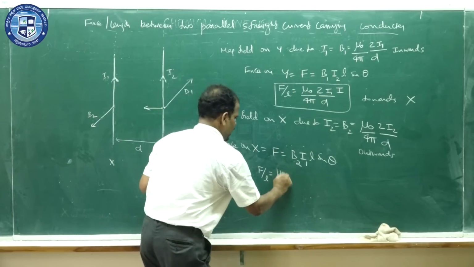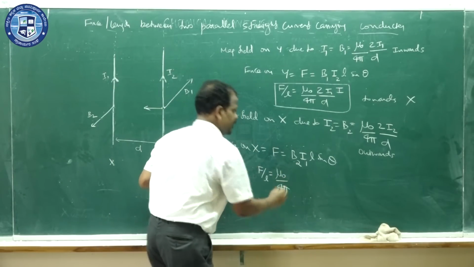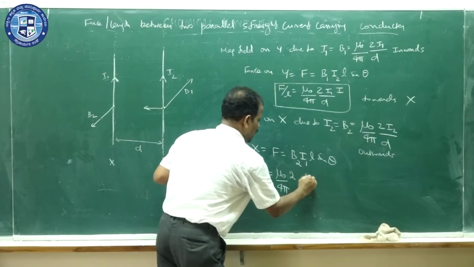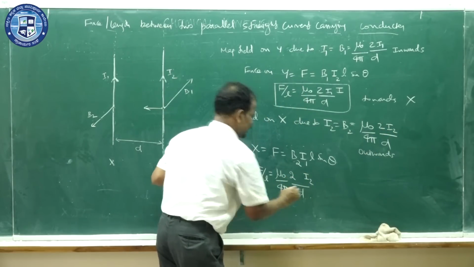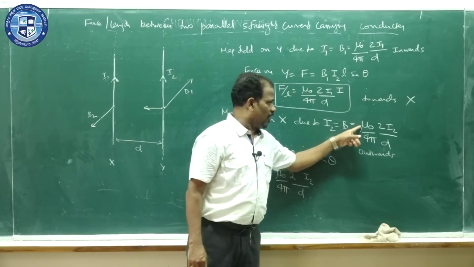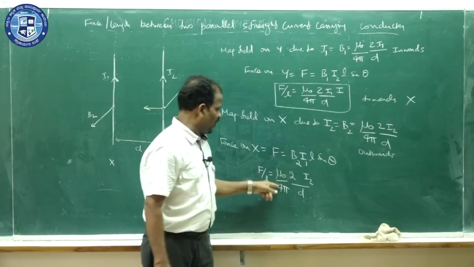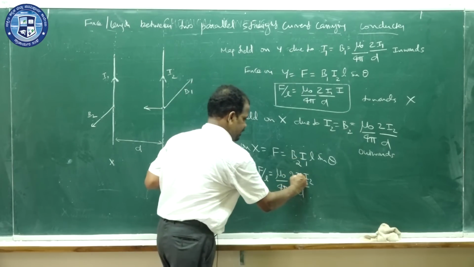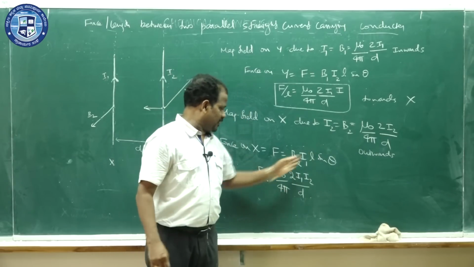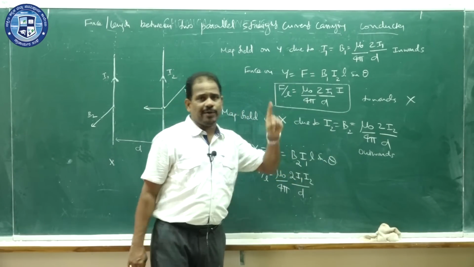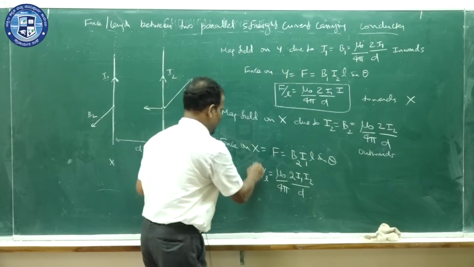Mu naught by 4 pi, 2 I2 by D. So F by L equals mu naught by 4 pi, 2 I2 by D into I1, with length kept on the left side. Sin 90 is 1. So this is the force per length.